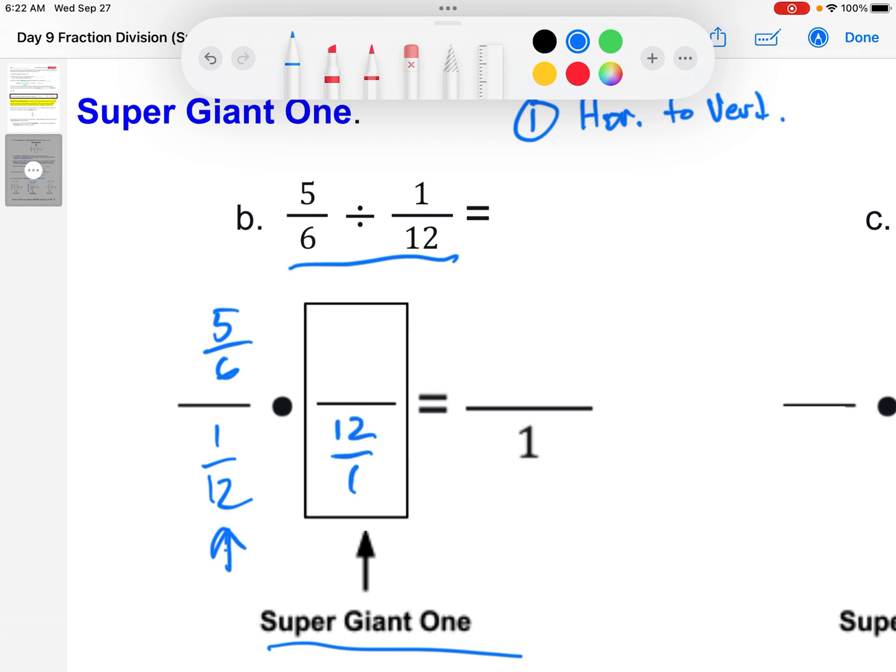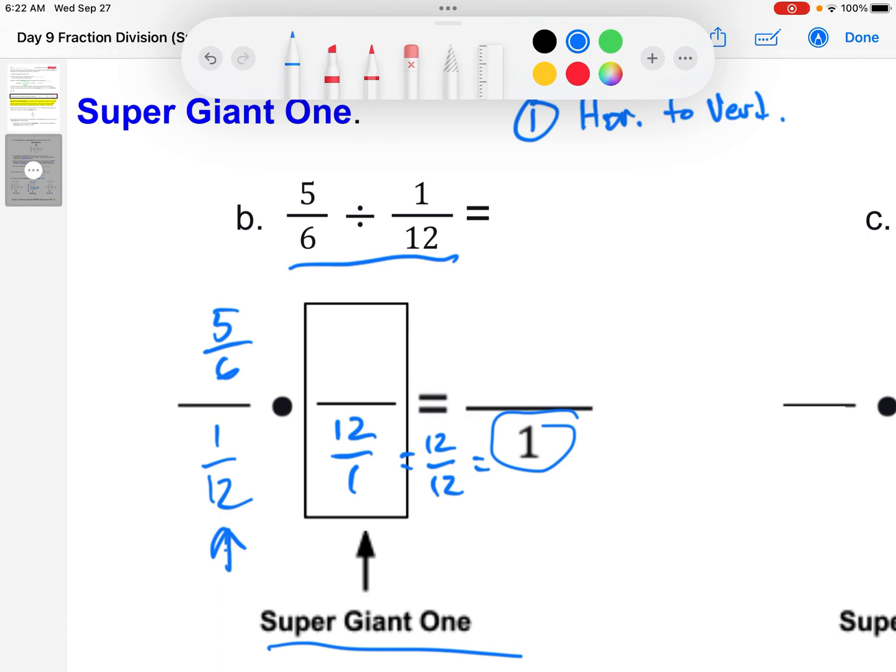What do we know? We know that 1 times 12 is 12, and 12 times 1 is 12, and we know that's 1. Now, this goes back to the previous lesson with the common denominator, because when we have this divide by 1 here, we can just focus on the numerator above that.